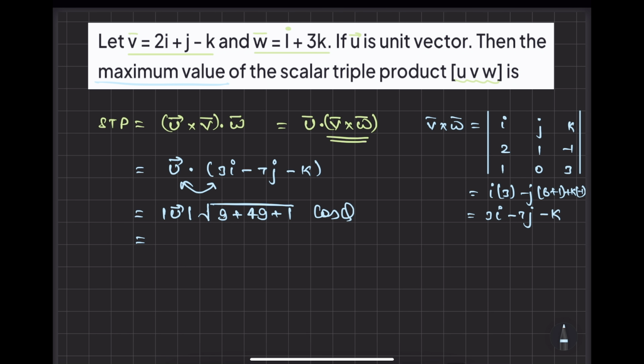You know that mod u is what? 1. This is root 59. Now, you want the maximum value, so don't you think that it depends upon cos theta? And the maximum value of cos theta is 1. So, STP maximum will be what? Root over 59.